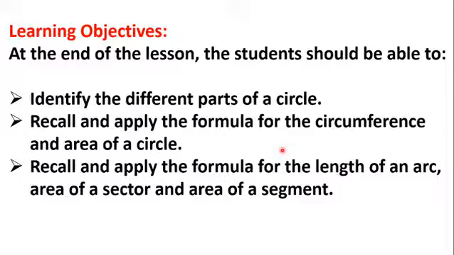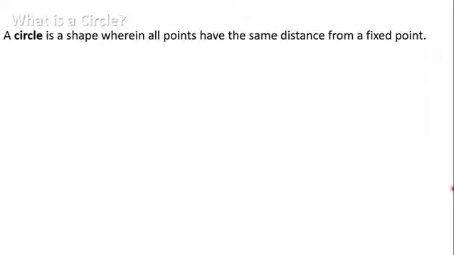So let's begin by finding out what a circle is. Now, I'm sure that you all know what a circle looks like, but if you are to define a circle, you might have a challenge being able to put what you can recognize into words that would make mathematical sense. So a circle is a shape wherein all points have the same distance from a fixed location.